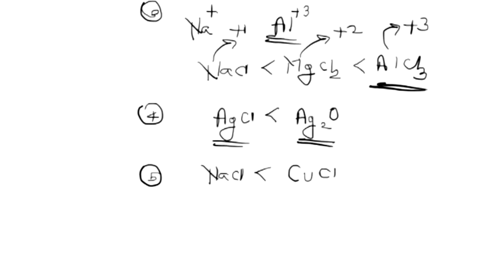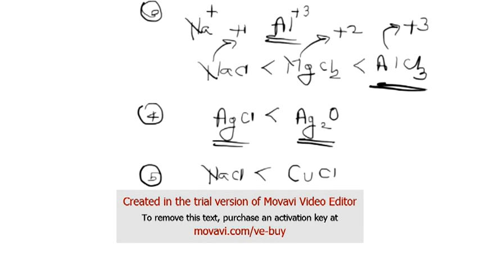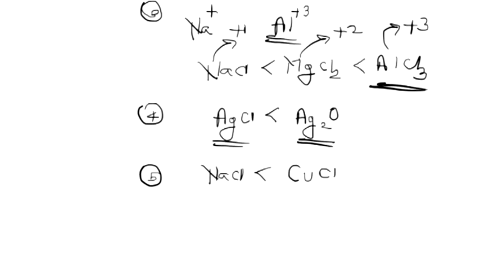Thus, checking the covalency, NaCl is less covalent, CuCl is more covalent. The only difference here is that copper in its valence shell would have 18 electrons, Na would have 8 electrons. Both are in +1 state. So these are Fajan's rules, and these rules can help you decide the covalency of different ionic solids.